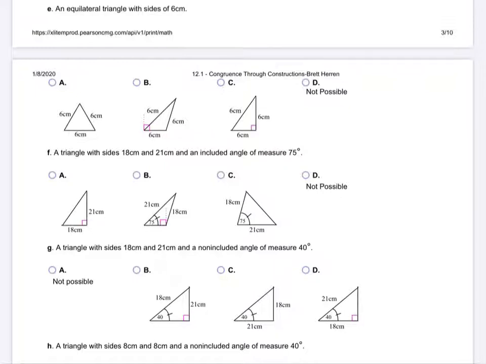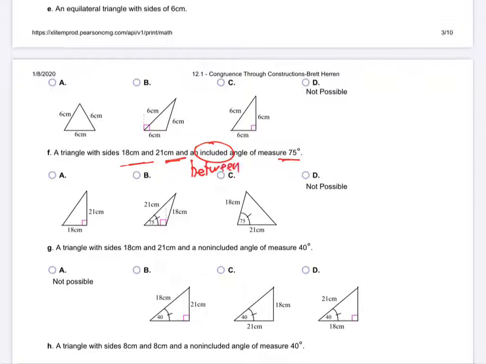All right, so we're on to F. A triangle with sides 18, 21, and 75 included. The point of this part is they just want to make sure you catch the significance of that word included. So included means between.